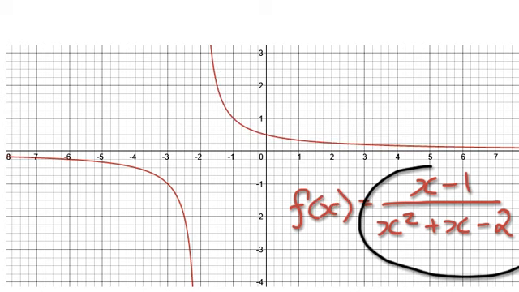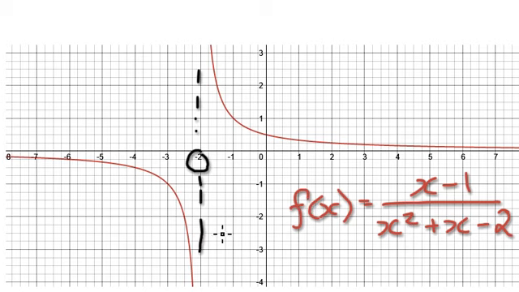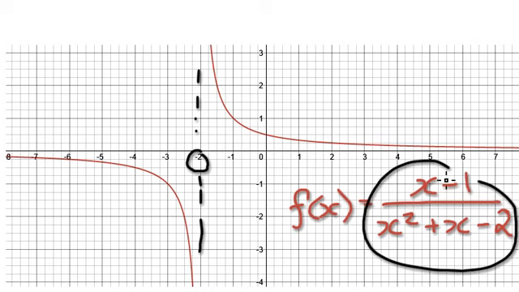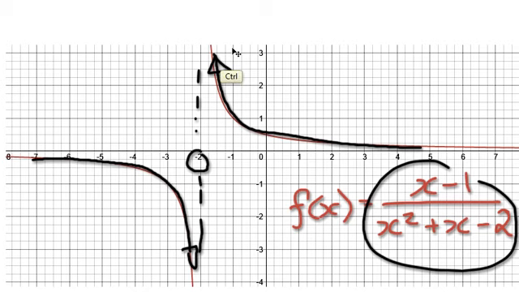Looking at this function, you can see something weird happens at minus 2. If you try to find out the limit as x approaches negative 2, from the left hand side you will approach negative infinity, and from the right hand side you will approach positive infinity.